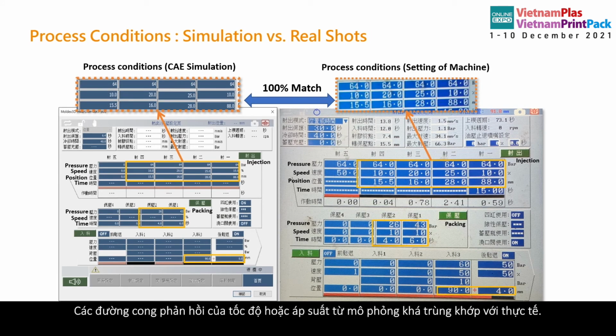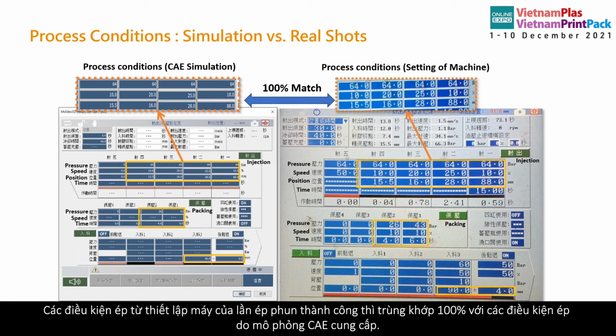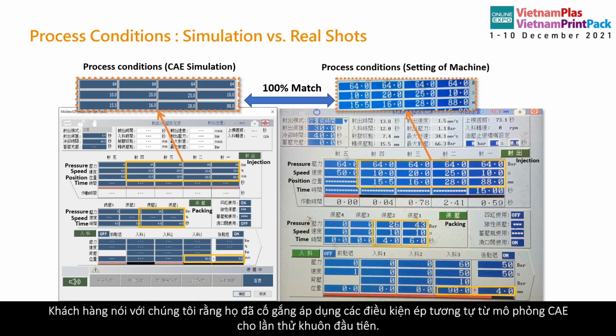In terms of process conditions, the process conditions from machine setting for success shot has 100% matchable with conditions provided by CAE simulation. Customers told us that they tried to adapt the same process condition from CAE simulation for first mold trial.